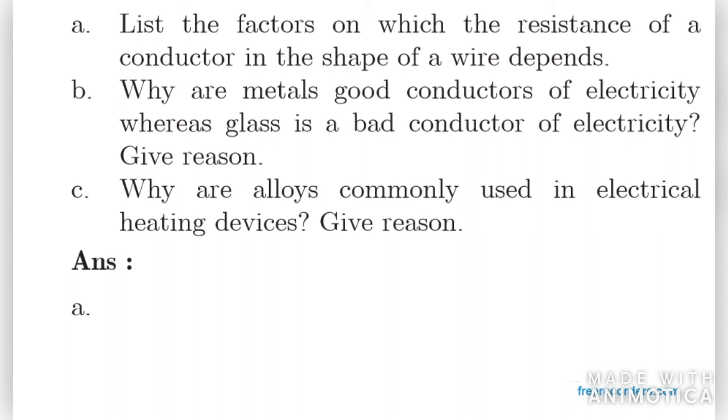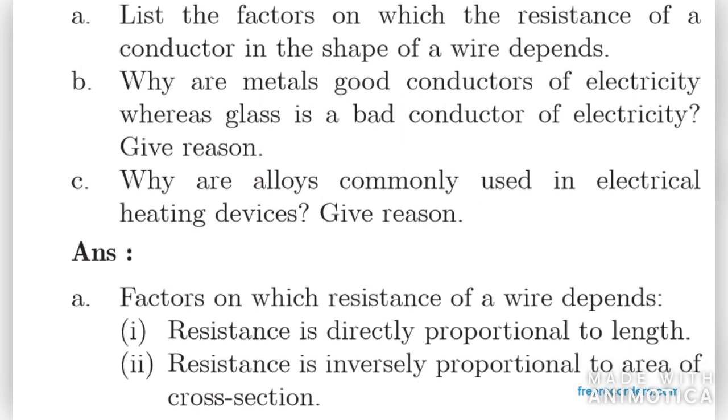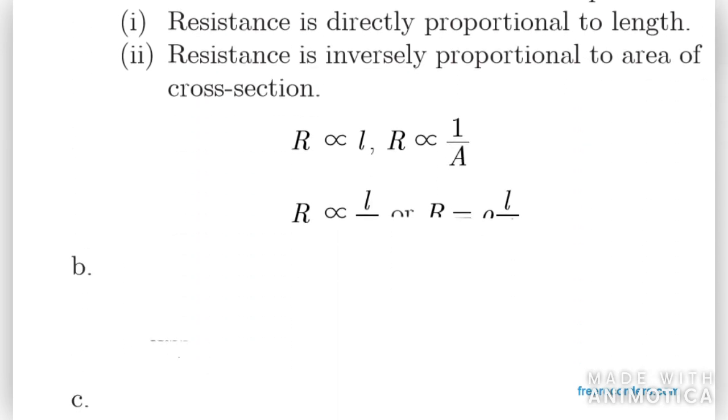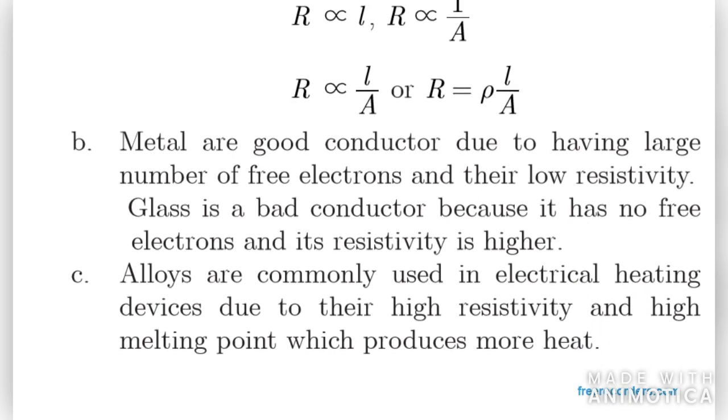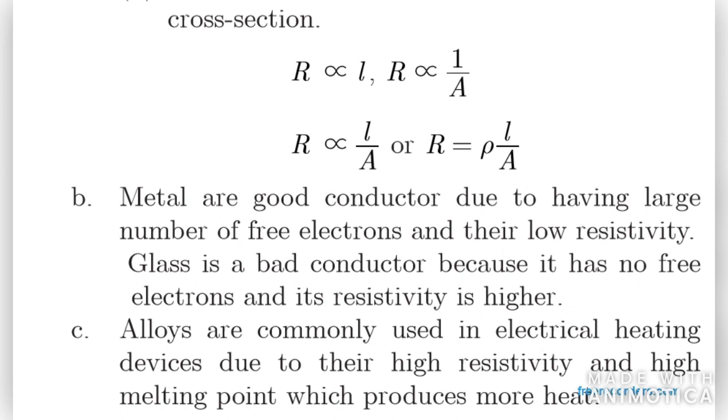So that's all for question number 24 or part, and you can note down the answers if you want to. These are the answers to question number 24. And that's all for section B.